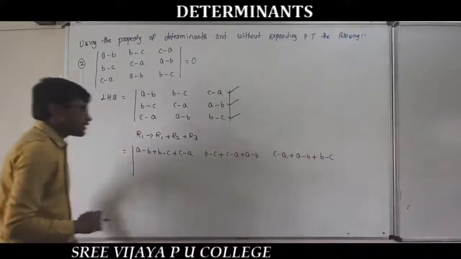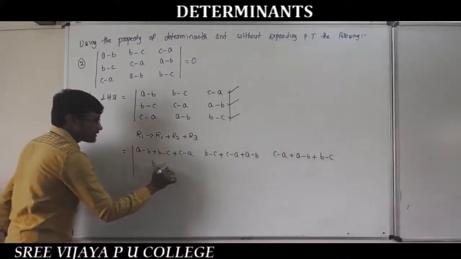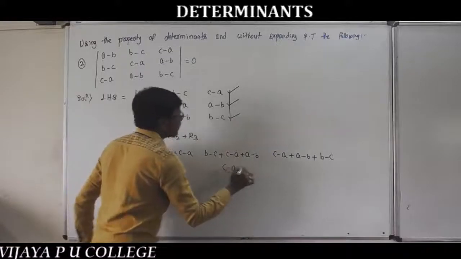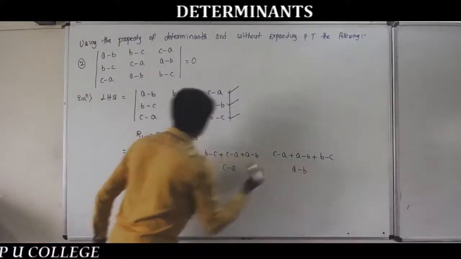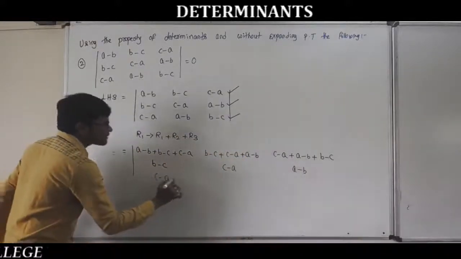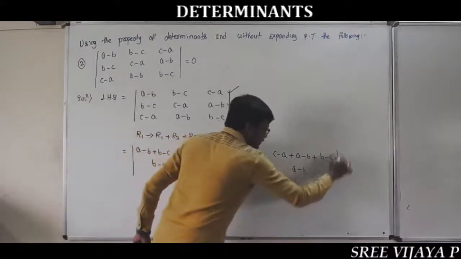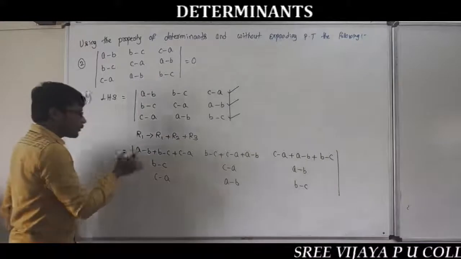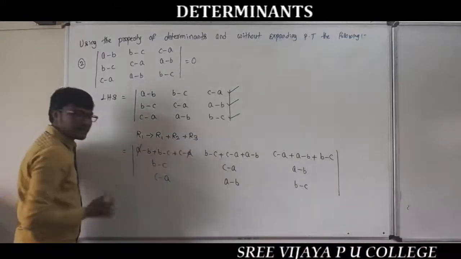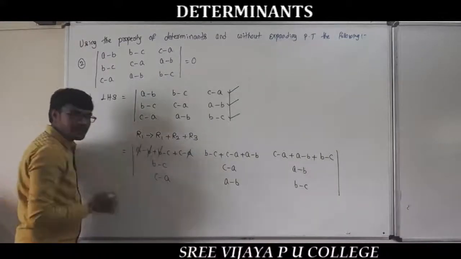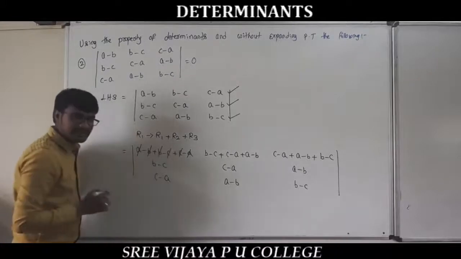Okay. So now B minus C, second as it is C minus A and A minus B. Next C minus A, next A minus B, next B minus C. Okay. Now plus A minus A cancel, minus B plus B cancel, minus C plus C cancel.